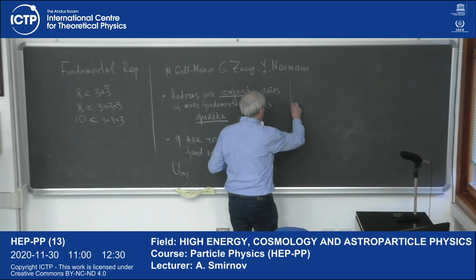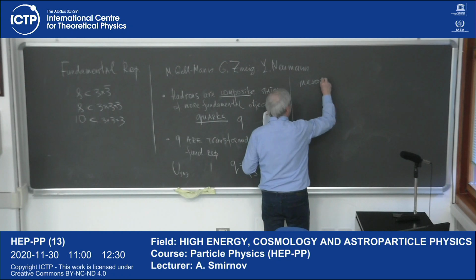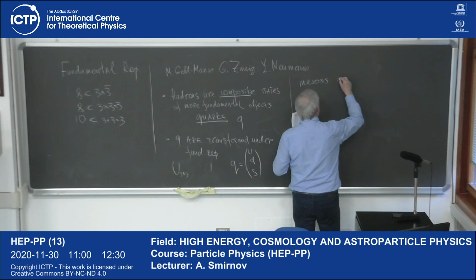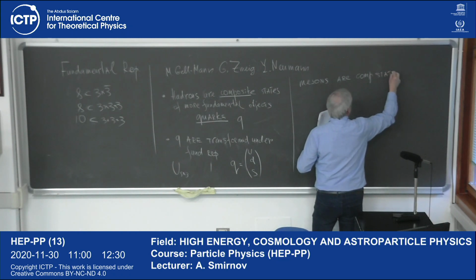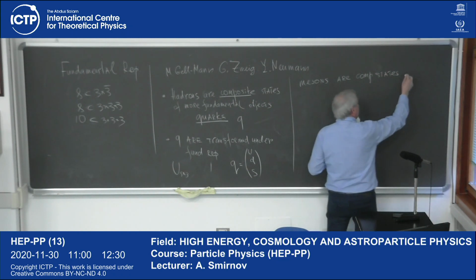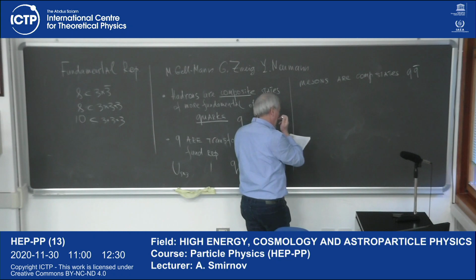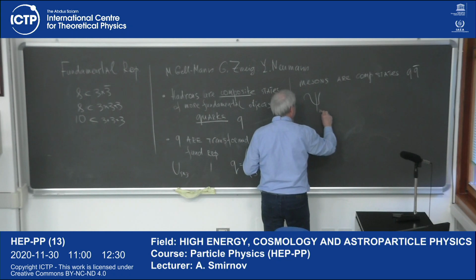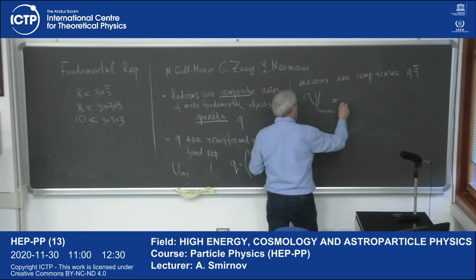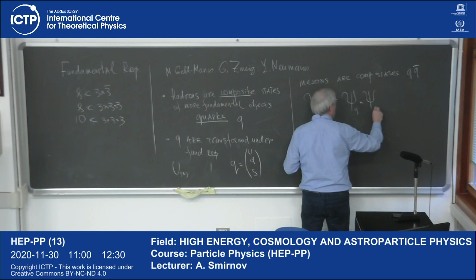So, more precisely, mesons are composite states made out of a quark and an antiquark, q bar, and therefore the wave function of mesons is the product of the wave function of the quark multiplied by the wave function of the antiquark.